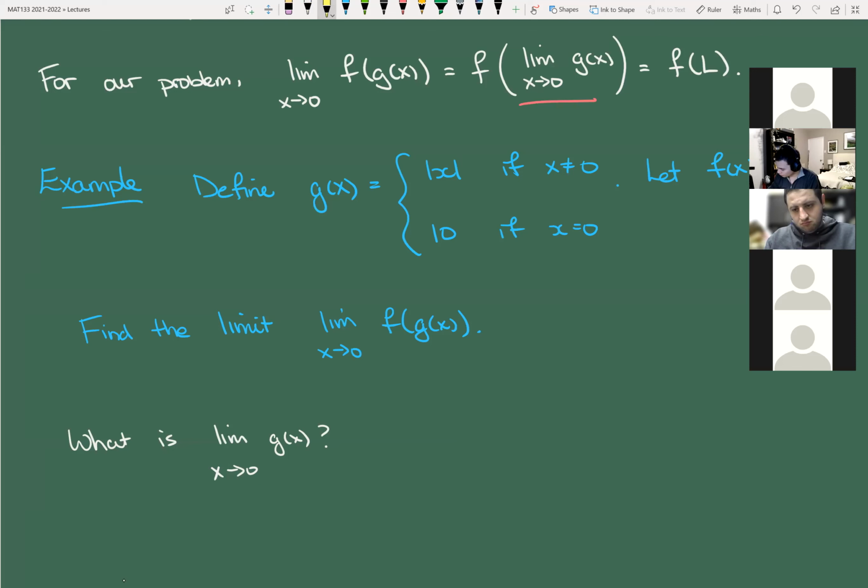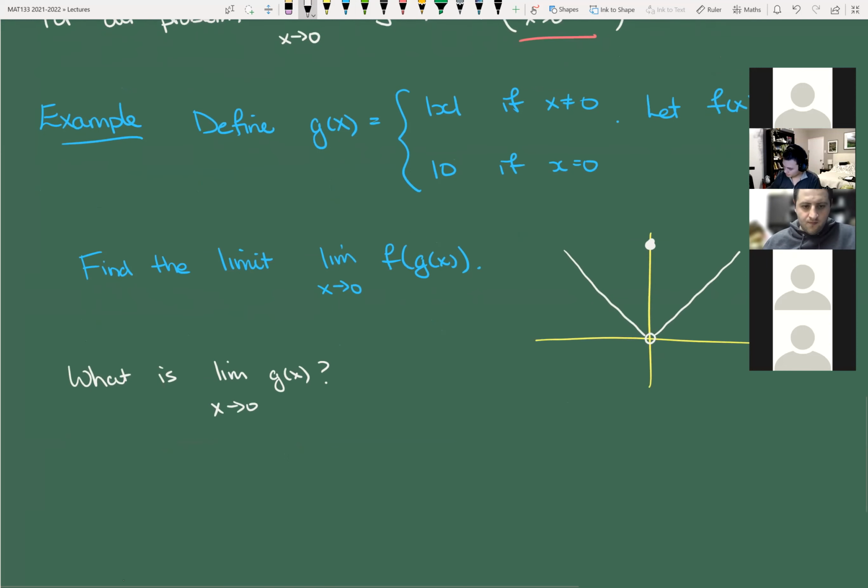If we were to graph this function, it would look something like this. Big hole there, and then the hole filled in at 10. So the limit here is 0. We don't care about what happens at 0, but the limit itself is 0. So the limit as x approaches 0 of g of x is equal to 0.